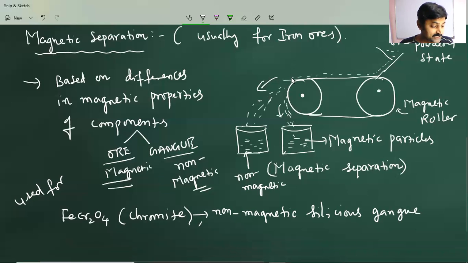Another important thing here is we will also use this method for wolframite, that is FeWO4.